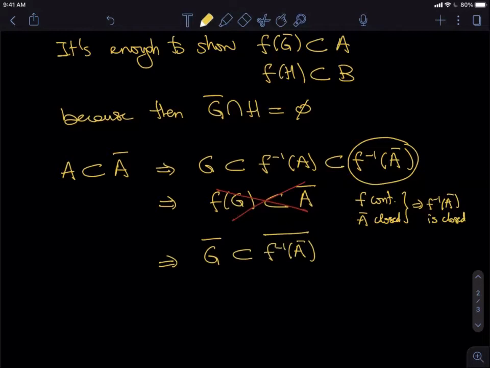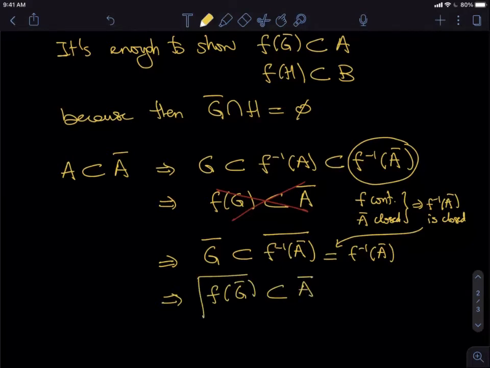But then because the right-hand side is closed, it won't get more closed because we take the closure again. So here we get actually that the closure of G is contained in the inverse image of the closure of A, and then we get f of the closure of G contained in the closure of A. This is what we wanted.